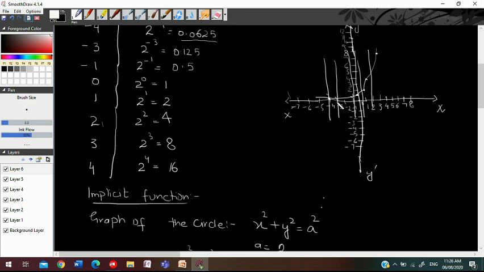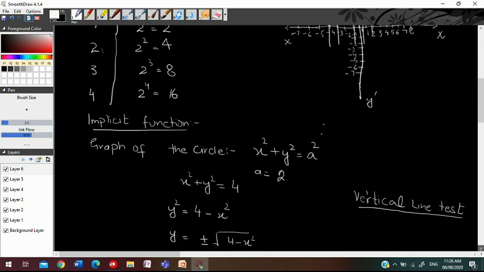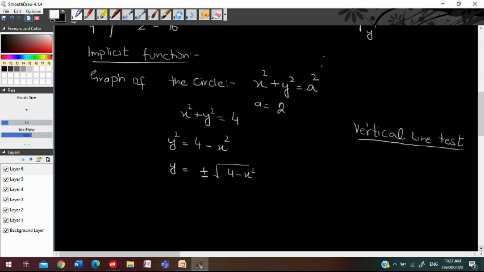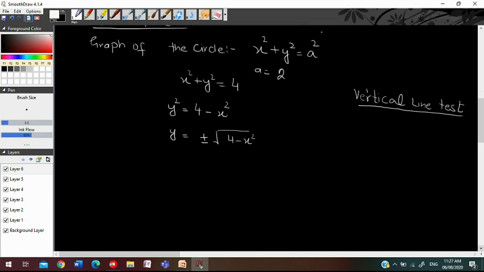This means this graph is a function. But whenever we have this type of graph which I'm going to draw here, it is not a function. Why? Because when we apply the vertical line test, the line intersects the graph at more than one point. That's why we say the given graph is not a function.